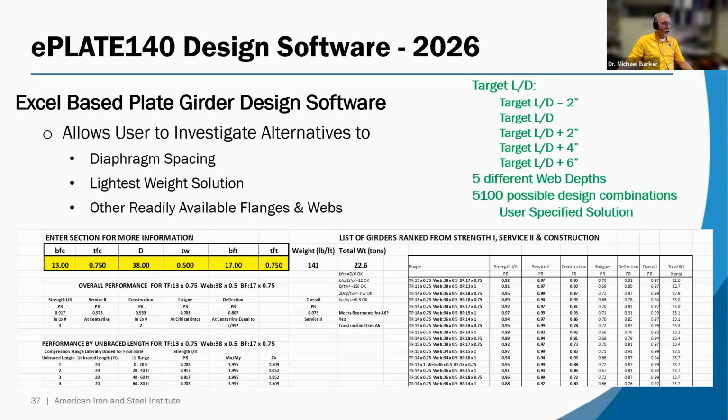So look for that in 2026. It is developed. It's under review and doing a few upgrades to it. But this could be another possible game changer for those counties that have 70, 80, 90-foot simple spans to get over these crossings.